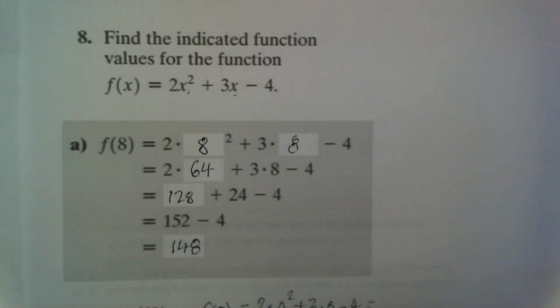Now 0 squared is 0, of course, and 2 times 0 is 0, so it's only 0 here. And 3 times 0 is 0, so the only number that remains that's not 0 is equal to negative 4. So that is f of 0.